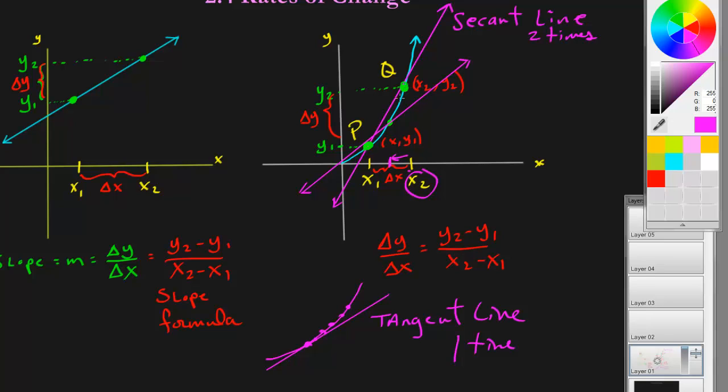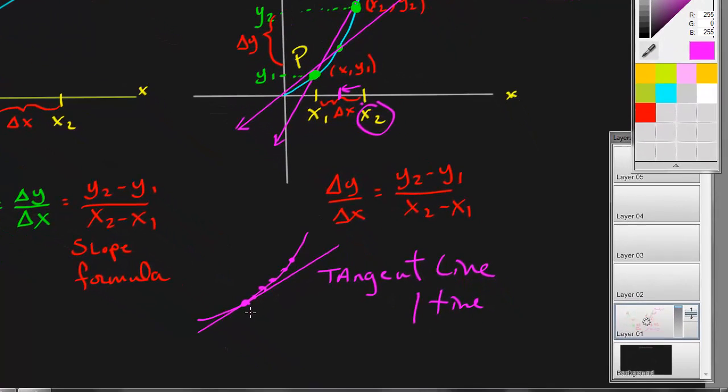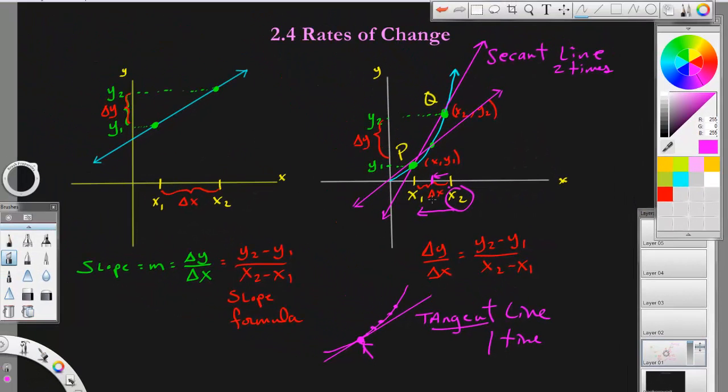So a secant line's all fine when you want an average speed between 2 points, but if you want to know the instantaneous rate of change or the instantaneous speed at that point, you need what's called a tangent line, which involves shrinking this distance, or pulling x2 closer and closer to x1 to where they're literally on top of each other.